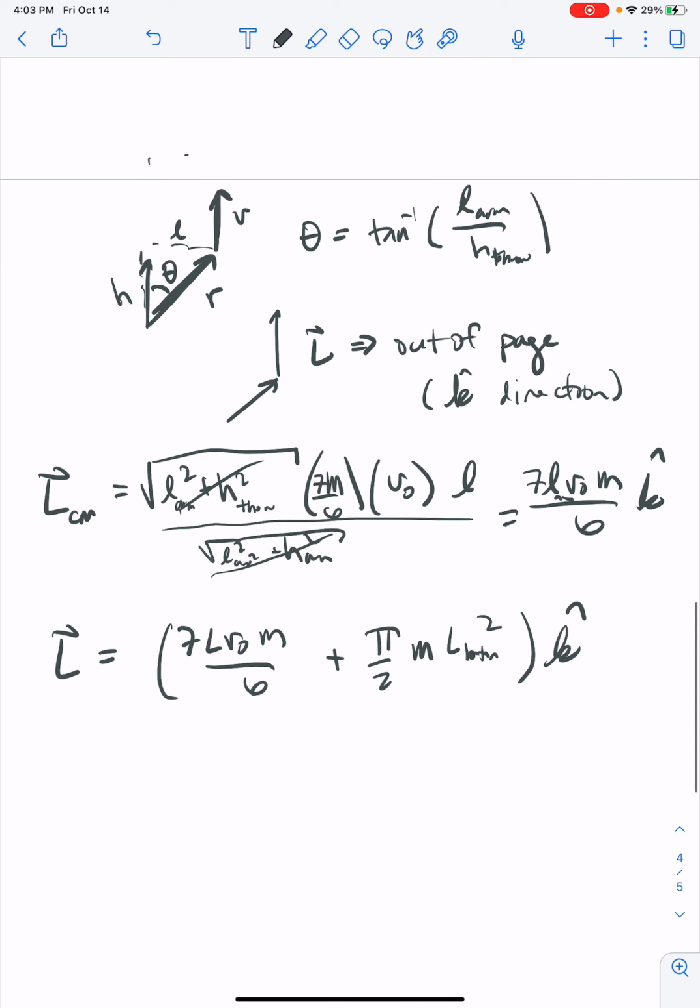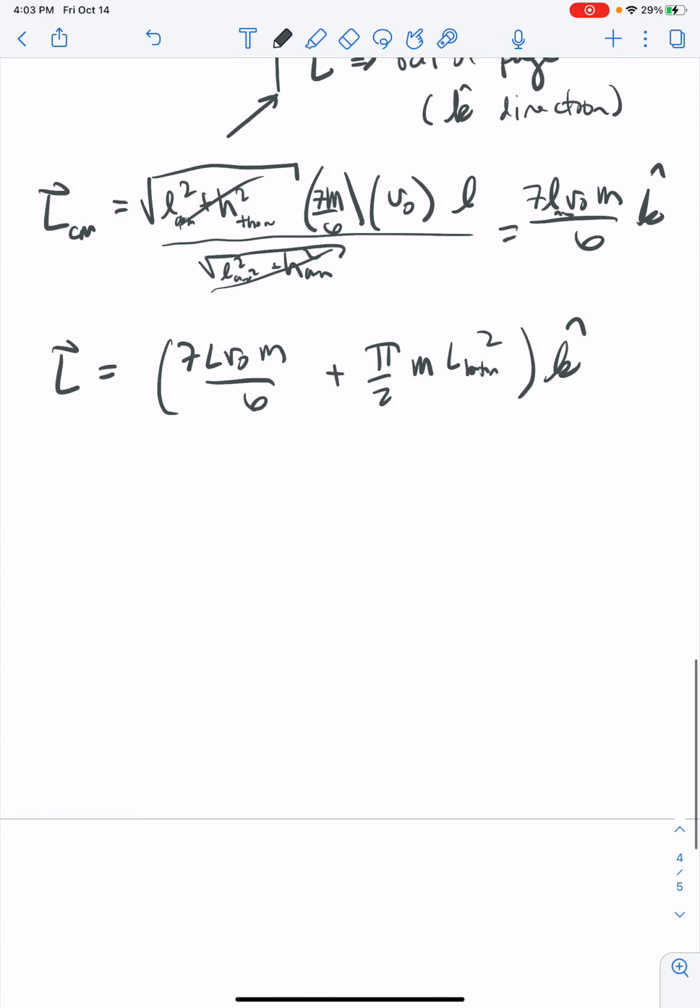Then what about at the end? So at the end, at the top, L is R cross P plus L spin. The spin angular momentum hasn't changed because there's no torque about the center of mass. P final is 0 because at the top of the trajectory it's not moving.